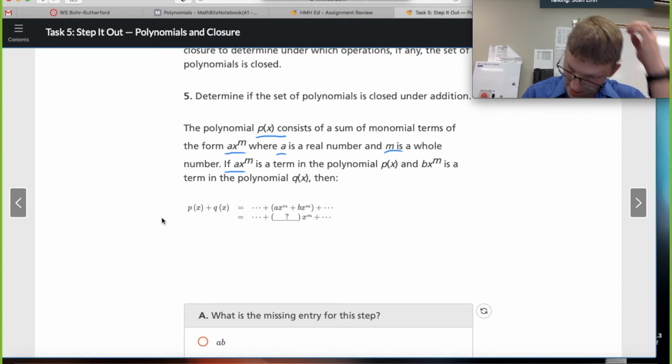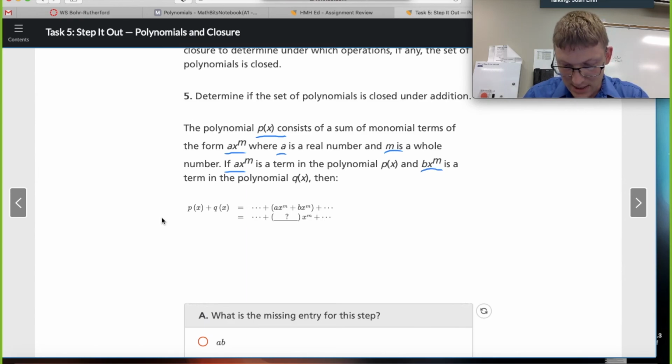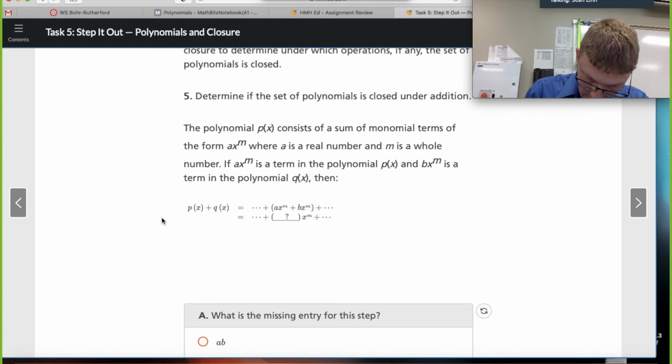If a x to the mth power is a term in the polynomial P of x, and b x to the mth power is a term in the polynomial Q of x, then if you add them together, somewhere in there you're going to find a x to the m plus b x to the m, which you can then factor out your x to the m, and you have a plus b on the inside of there.